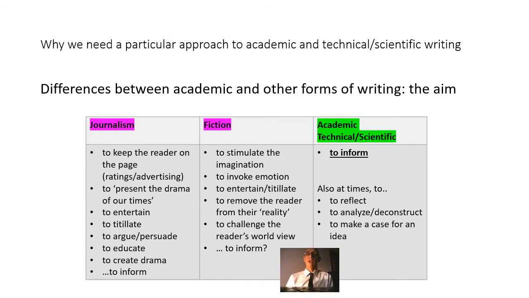Now, other fiction, the quality fiction, often attempts to challenge the reader's worldview. I don't know, 1984, Orwell, Clockwork Orange. Many of these books were designed to sort of challenge what was going on around us, to tell us, hey, wake up.